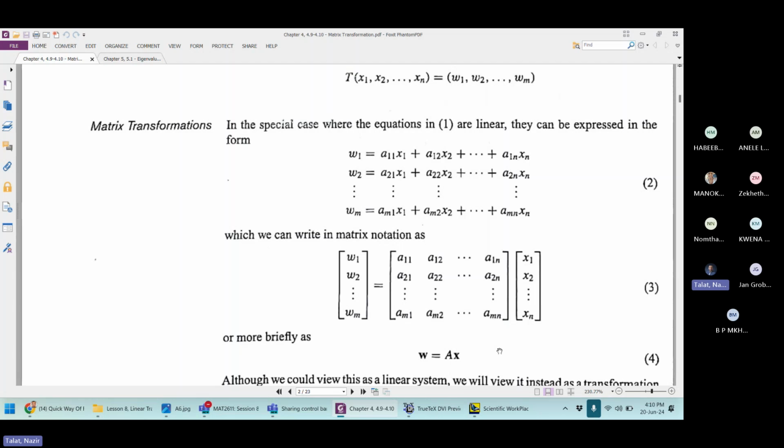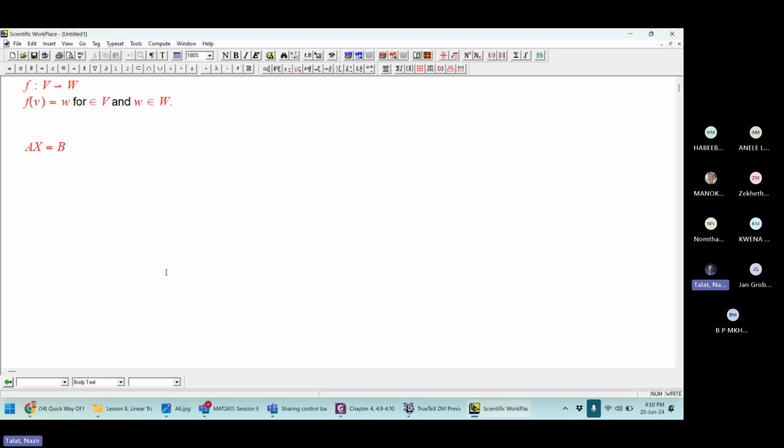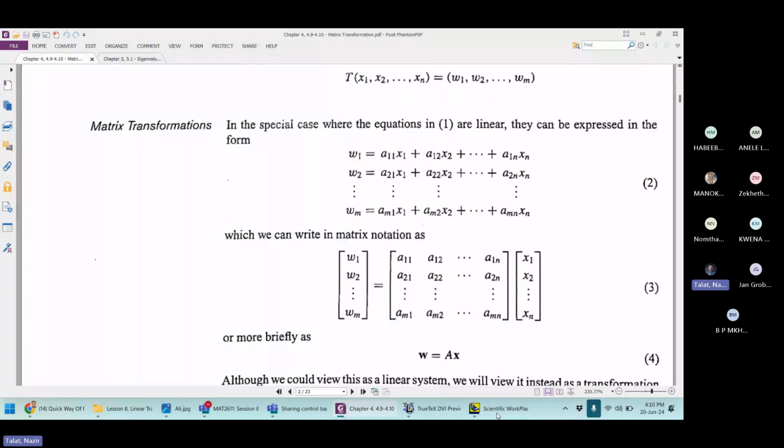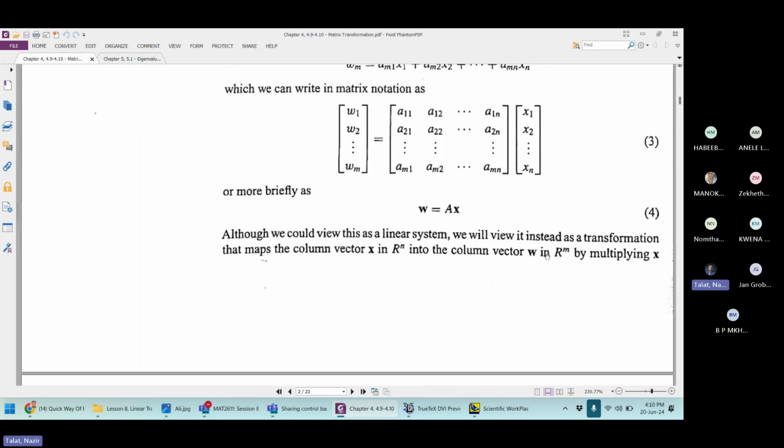When we write this in matrix notation, the left hand side is W, and we say W is equal to AX. This is the same way as we write AX equal to B, or B is equal to AX, or similarly W is equal to AX. So this is called a matrix transformation, and this transformation is very important and simple because later on we will see that every matrix transformation gives us a linear operator.